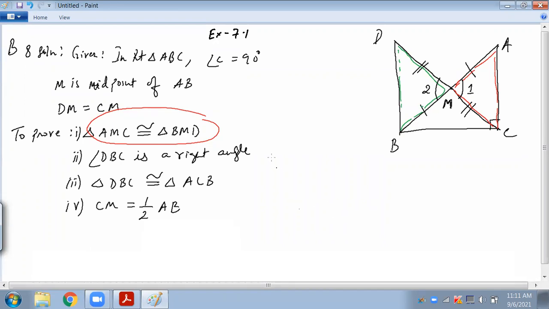Okay, so it is written. That means I'm going to rub the first part.